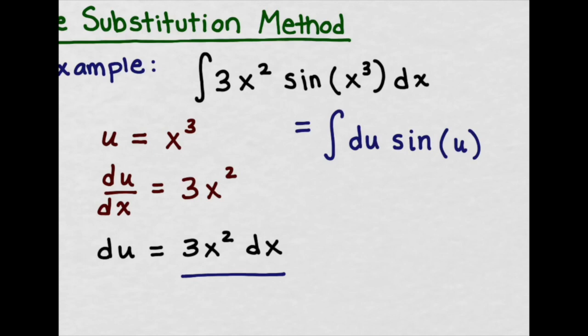In particular, we will get cosine of u plus c, because the c is an integration constant and it's necessary to include for our indefinite integral.